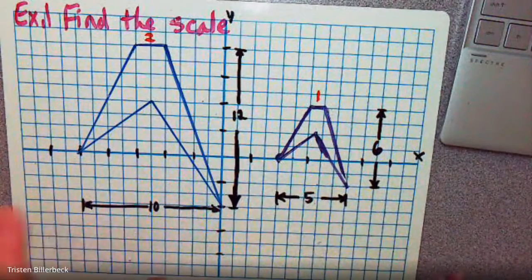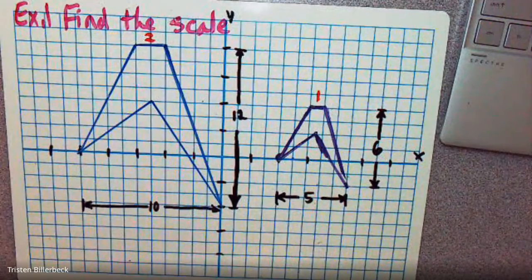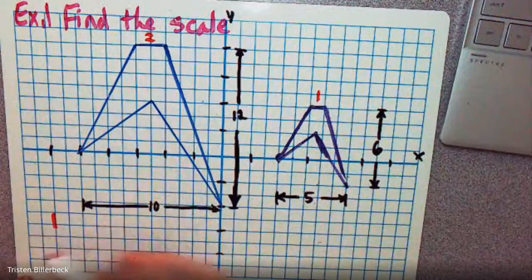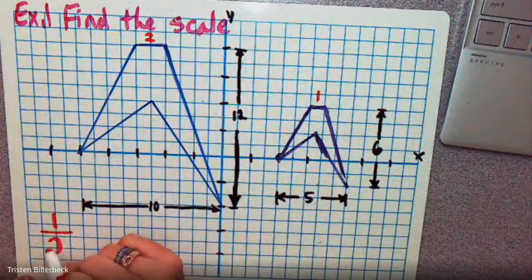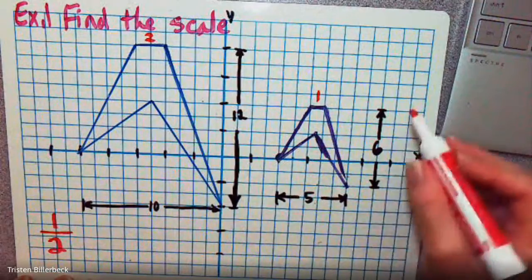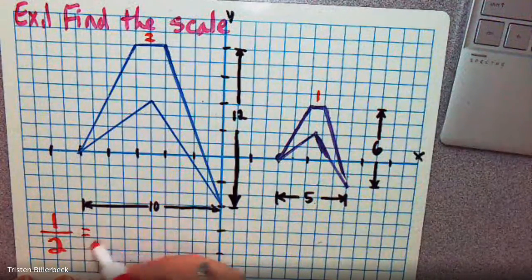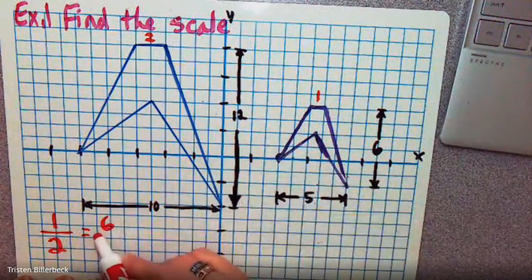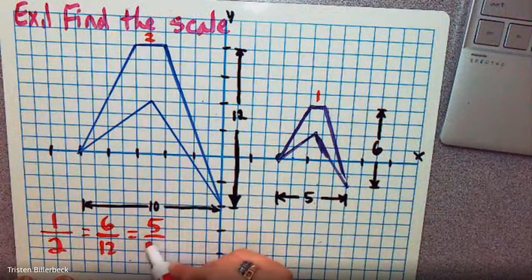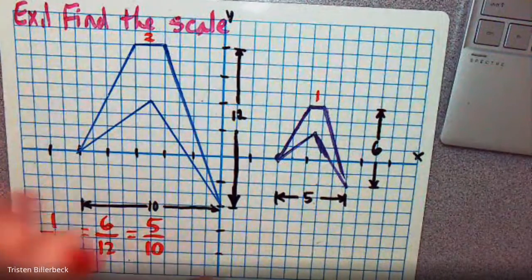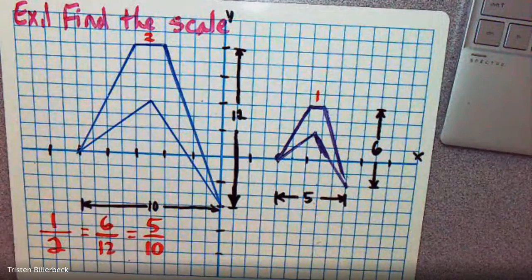Now we can see if we make this proportional and write things down. We have 1, the corresponding side, over the object side, 2, and then the overall height was 6 over the overall height of 12, and the overall width was 5 over the overall width of 10.